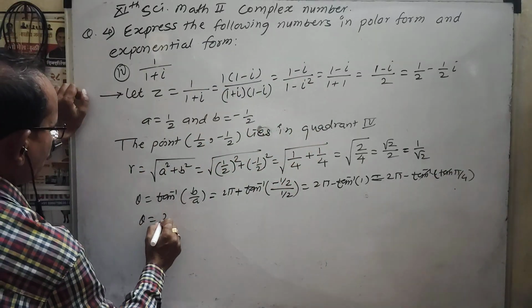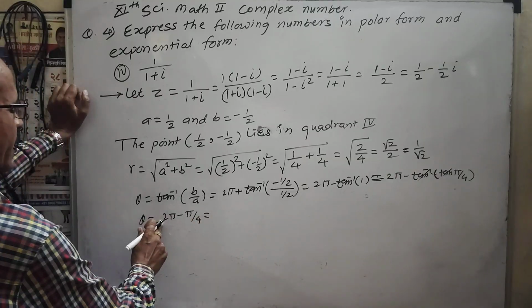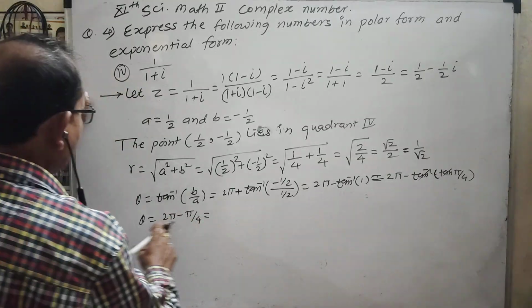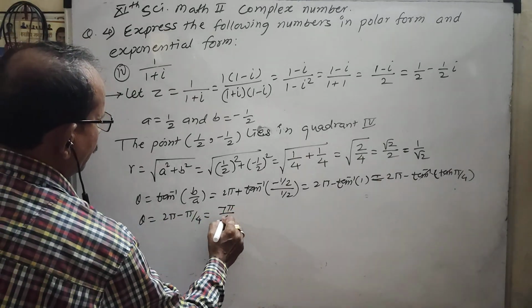Theta is equal to 2 pi minus pi by 4, which is 8 pi minus pi, 7 pi by 4.